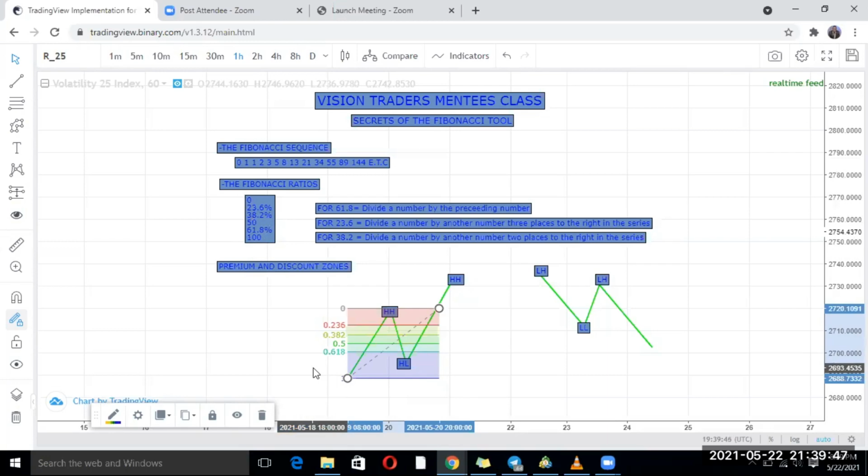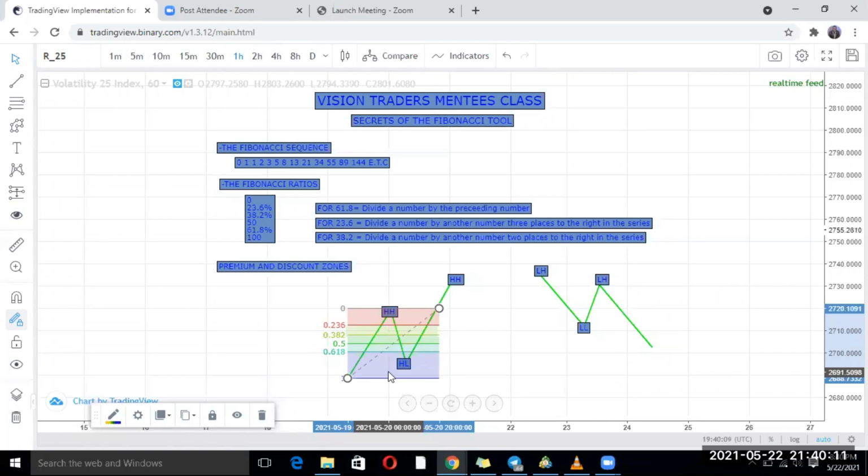Okay, so now, guys, when placing your Fibonacci level, most people have asked, should I place it on the wick or the body? If you are placing the first one on the wick, that's the top of your Fibonacci, make sure you also place the down one on the wick also.